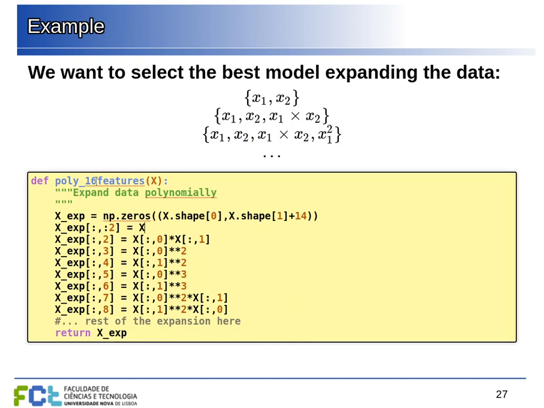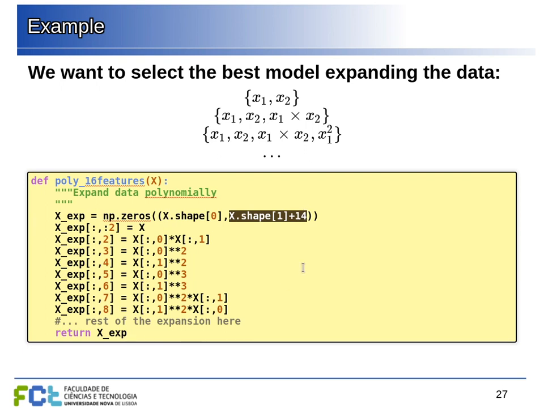So we can do this by expanding the data polynomially to a number of features, where we're going to increase our initial data by 14 features. So we create a matrix of zeros that has as many rows as the data that we have, and as many columns as the data that we have originally, plus 14.